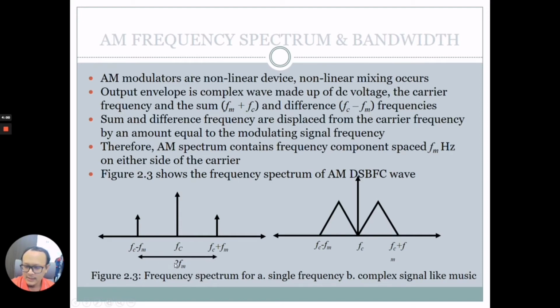The bandwidth is equal to 2 FM, which is the range from the lower sideband to the upper sideband, and FM is the bandwidth from FC, the middle here, to FC plus FM or FC minus FM.